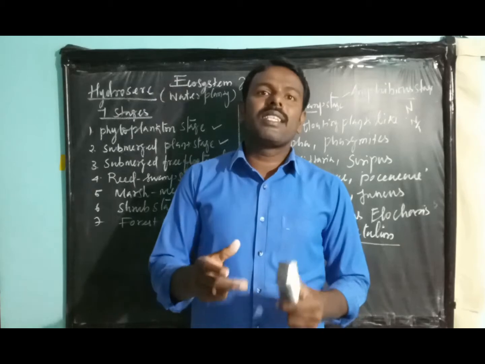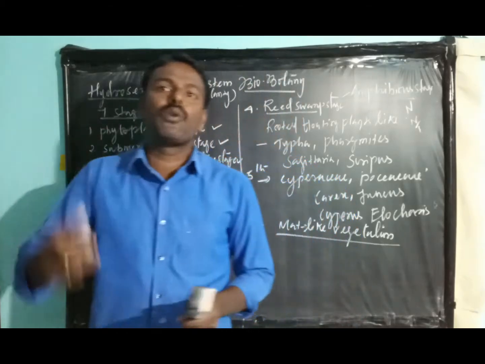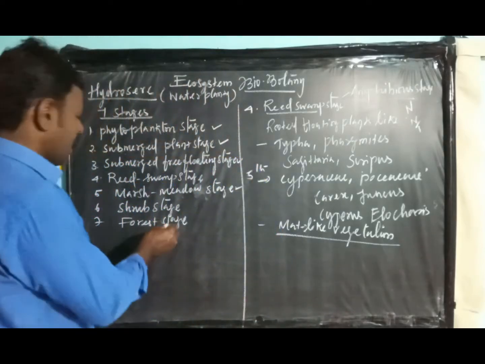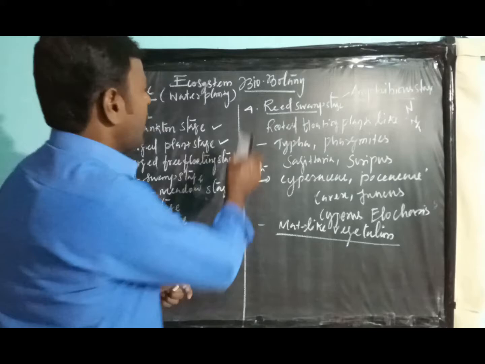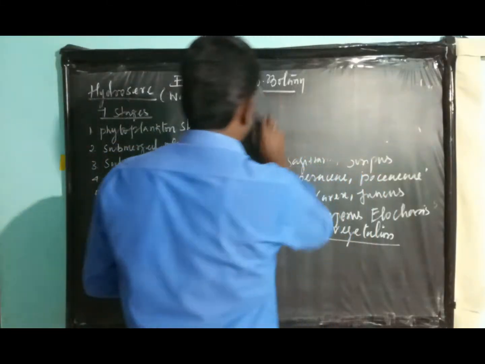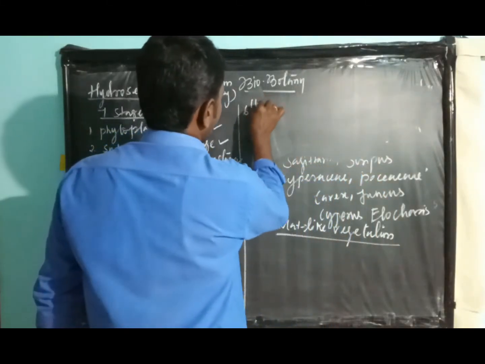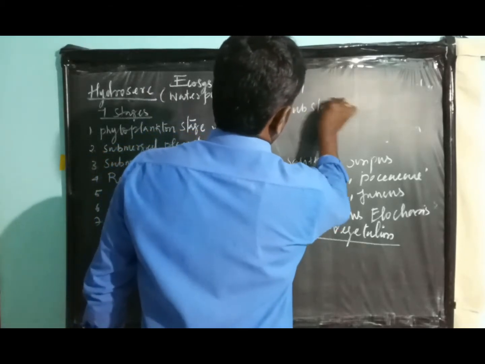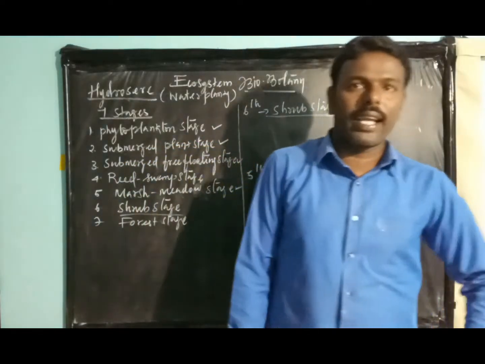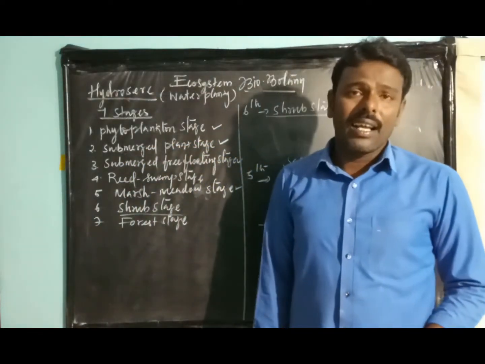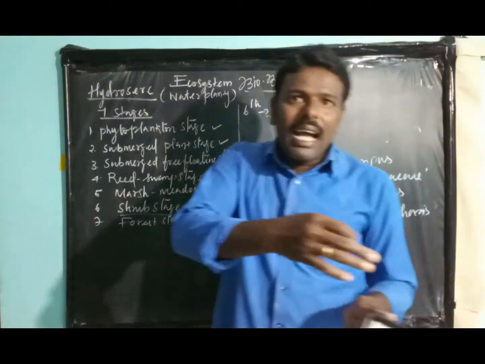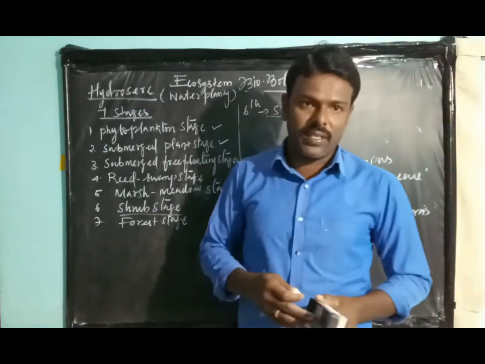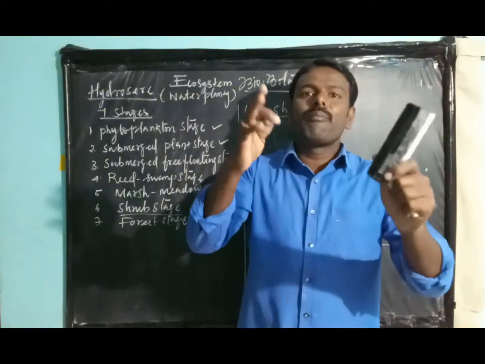Therefore, the marshy vegetation disappears gradually and leads to the next stage, the shrub stage. The sixth stage is the shrub stage. In this stage, the marshy vegetation gradually disappears because the soil becomes dry.